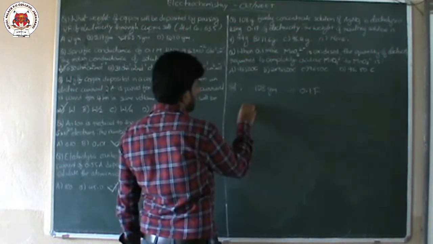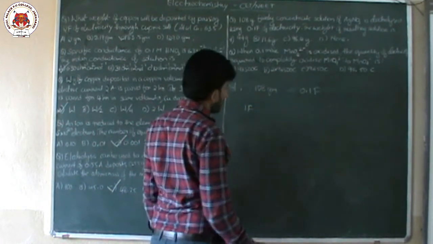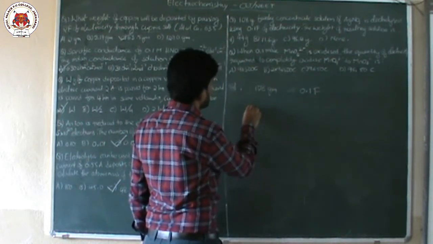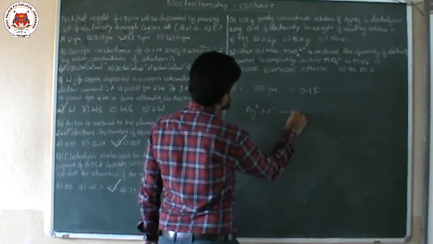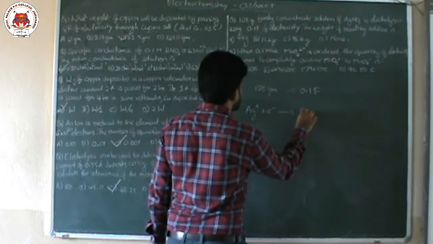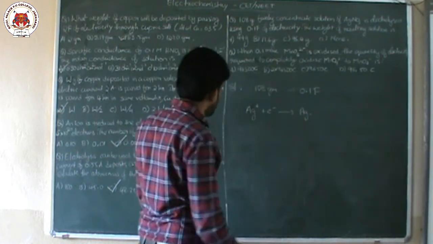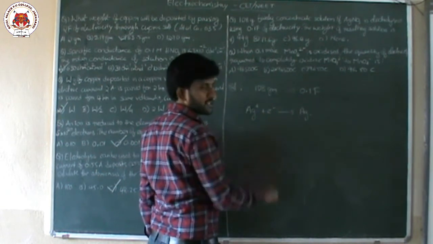Basically 1 Faraday, if you take it is silver nitrate solution, silver nitrate means silver is plus 1, then this is converted to silver metal, Ag plus electron, means 1 mole of electron, 1 mole of silver deposited.